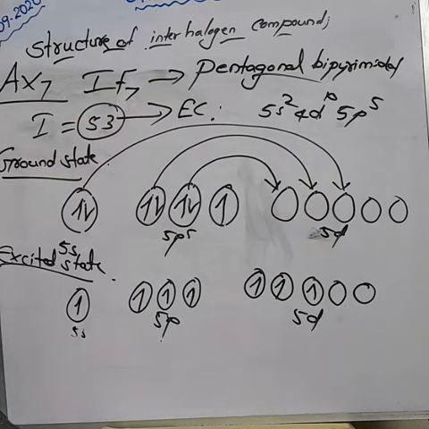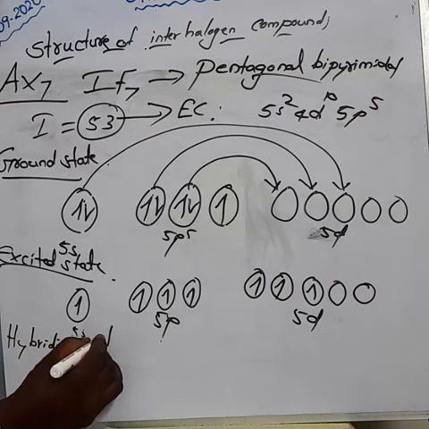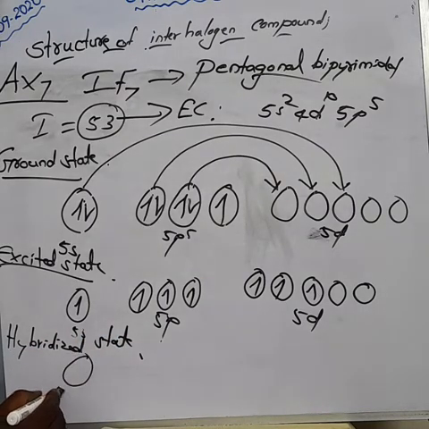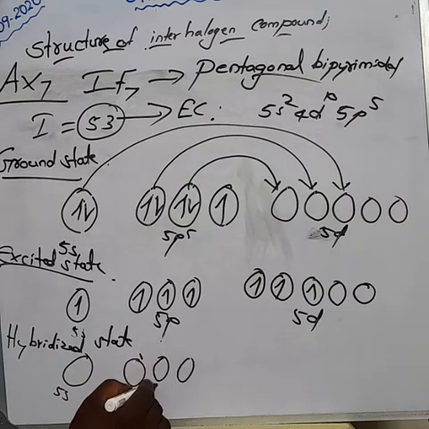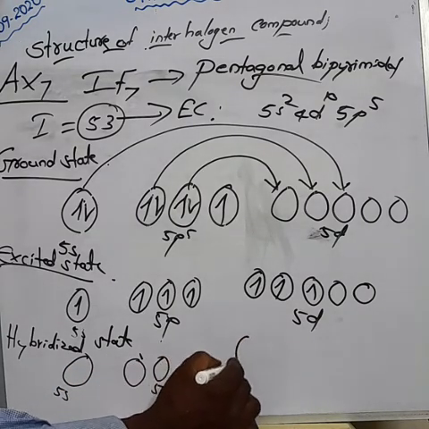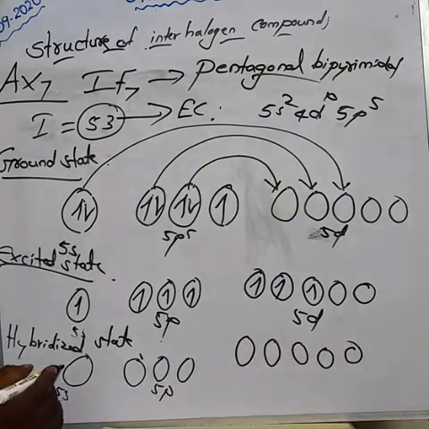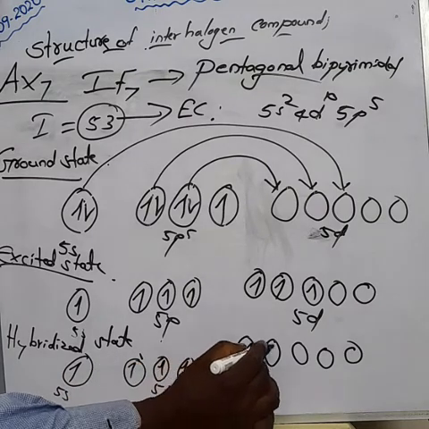That is called the hybridized state. This is 5s, 5p, 5d. Okay, 1, 2, 3, 4, 5, 6, 7.